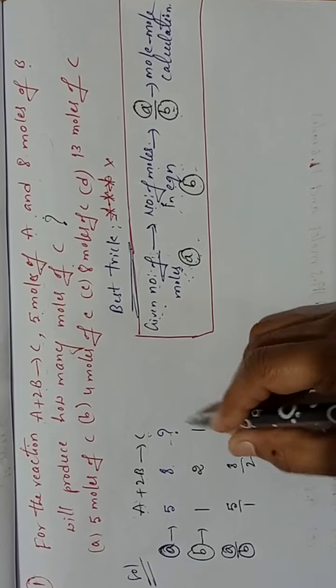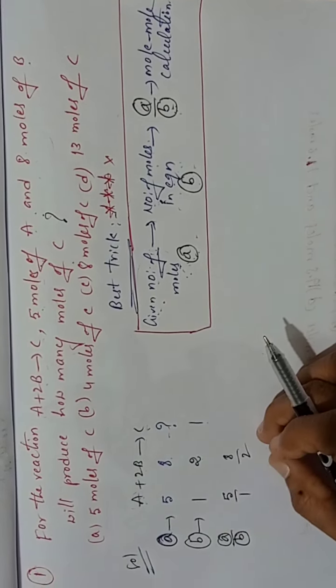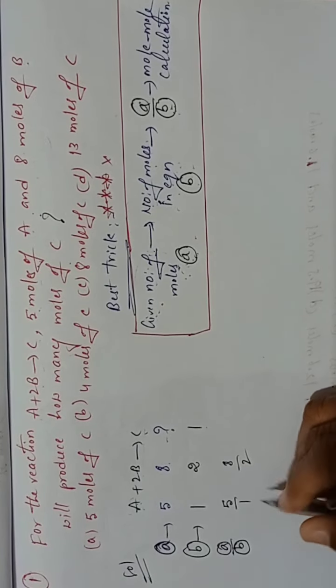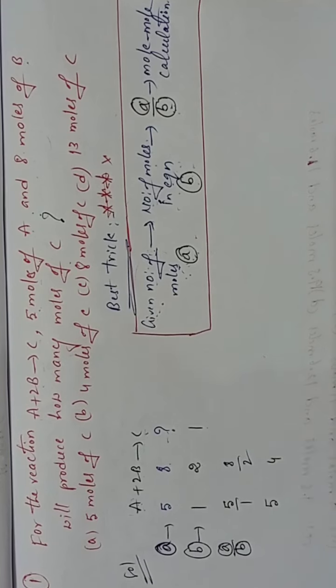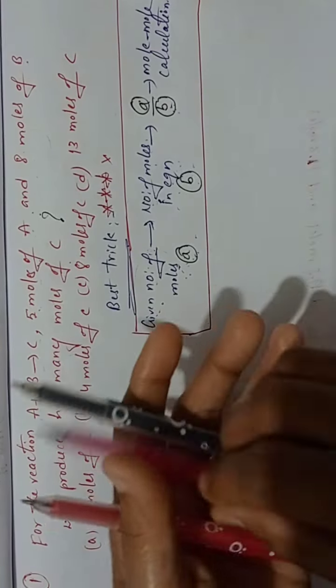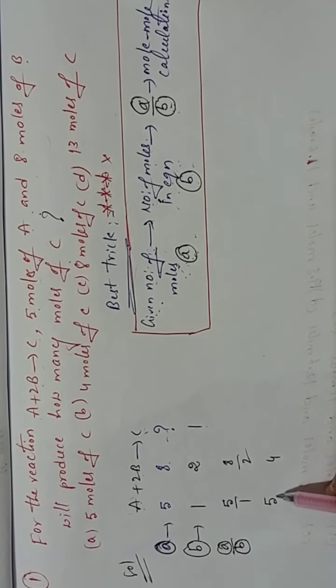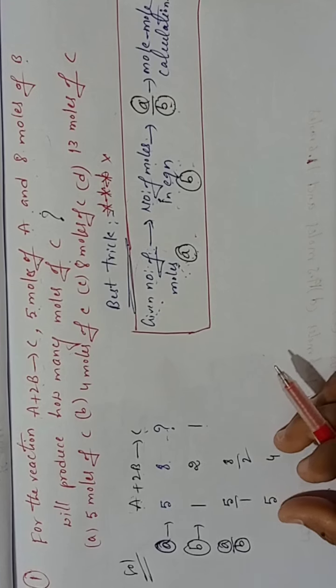So 5 by 1 is nothing but 5. 8 by 2 is equal to 4. Are you clear? Now in these two values, 5 and 4, which is the smallest value, students? Which is the minimum value?